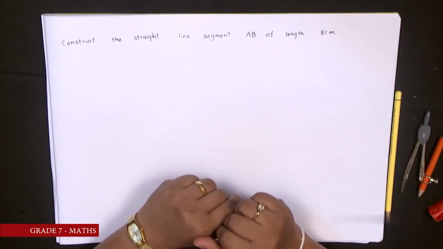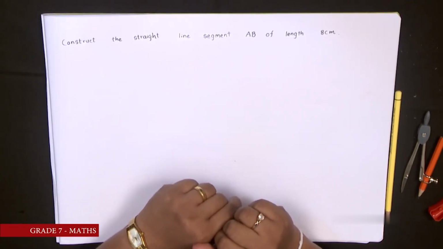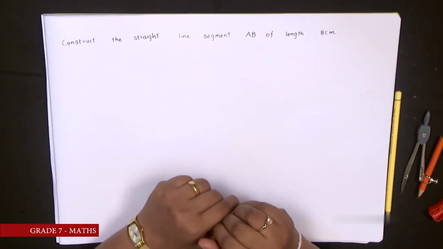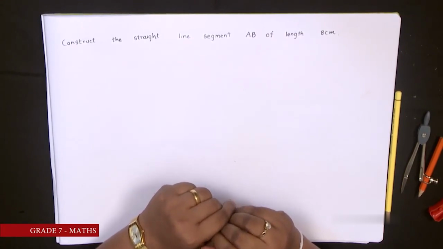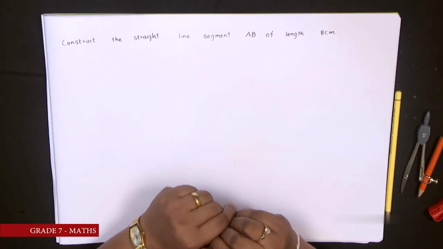In constructions, the first thing we have to do is draw a rough sketch of the figure that you are going to draw. So, we will draw a rough sketch of the figure as the first step. Here we have to construct the straight line segment AB of length 8 centimeters.